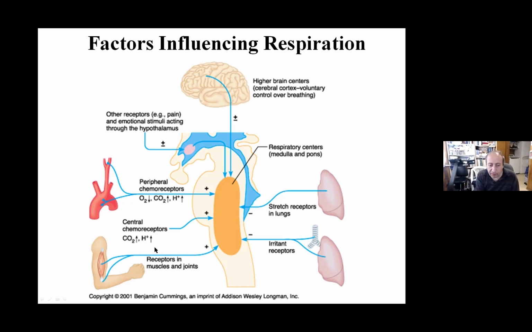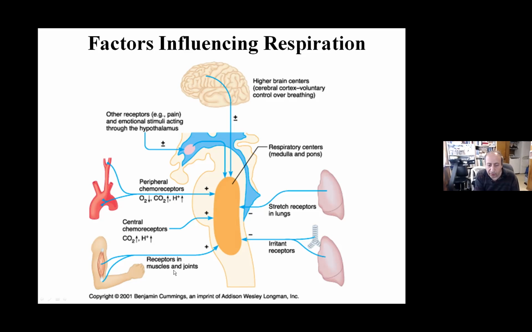So there are central chemoreceptors and peripheral chemoreceptors. Peripheral receptors are located in the carotid body and sinus, and the brain itself can sense carbon dioxide and the level of pH.